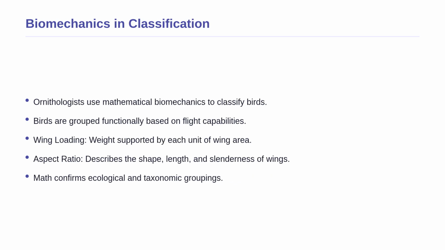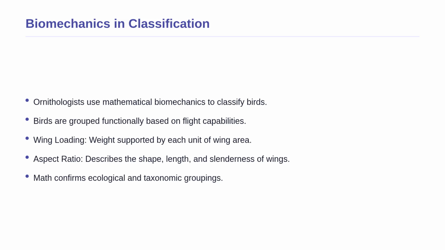While anatomy and genetics are foundational, they are not the whole story. Ornithologists also use mathematical biomechanics to classify birds into functional groups based on their flight capabilities. Two of the most important metrics used to categorize bird wings are wing loading and aspect ratio.